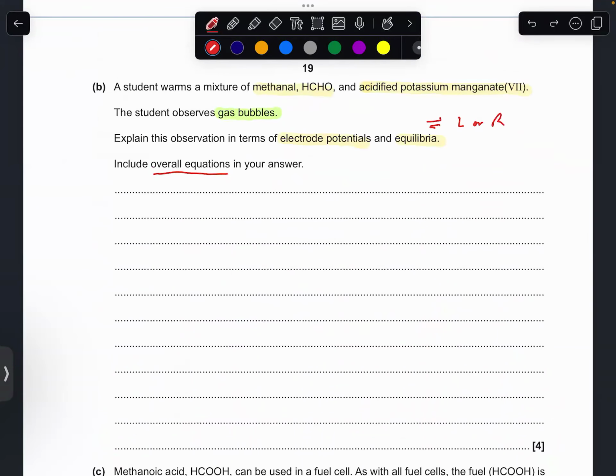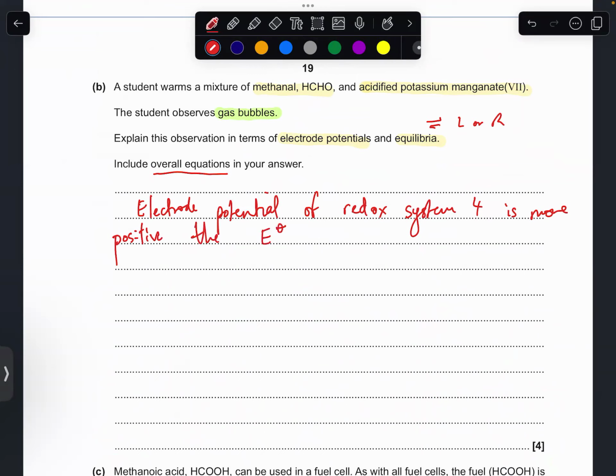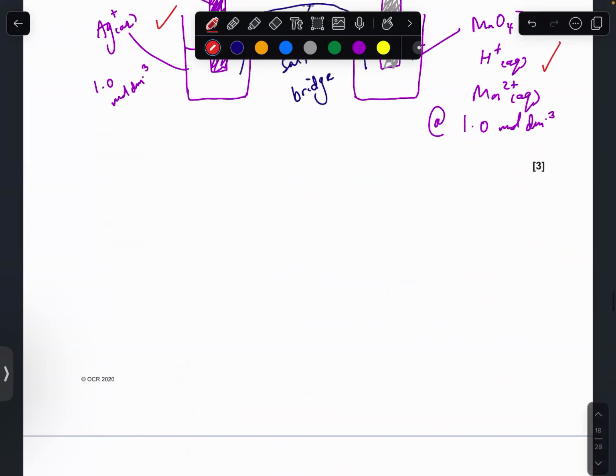So let's write this down. The electrode potential of system 4 is more positive than the electrode potential of redox system, was it 2? 2.